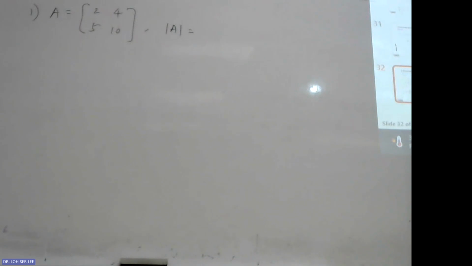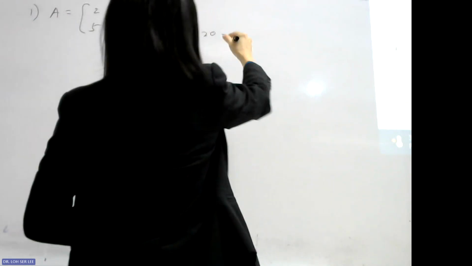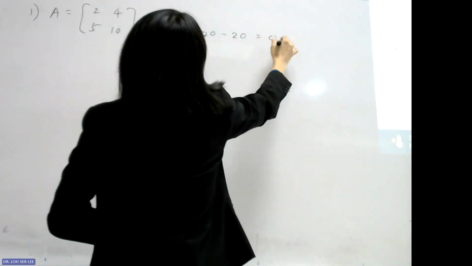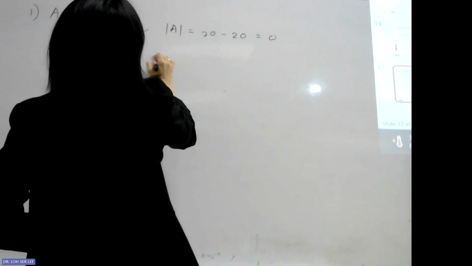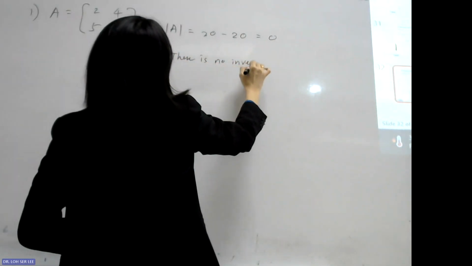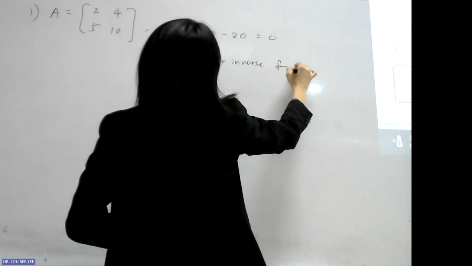This is a 2 by 2 matrix. AD 20 minus BC 20 equals 0. So there is no inverse for matrix A.